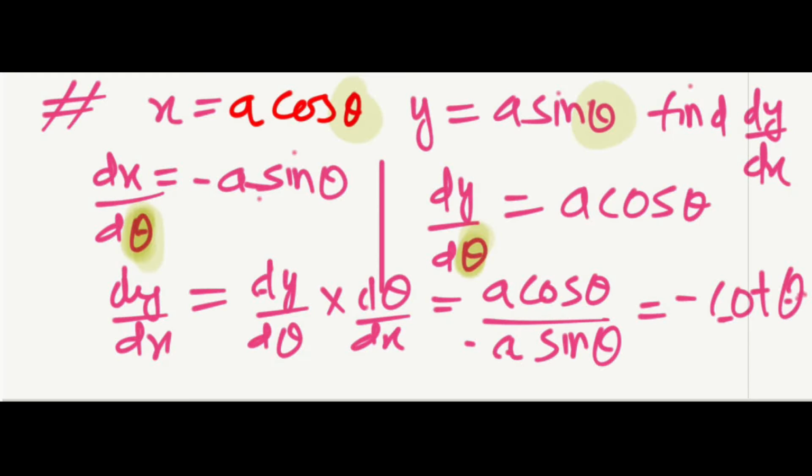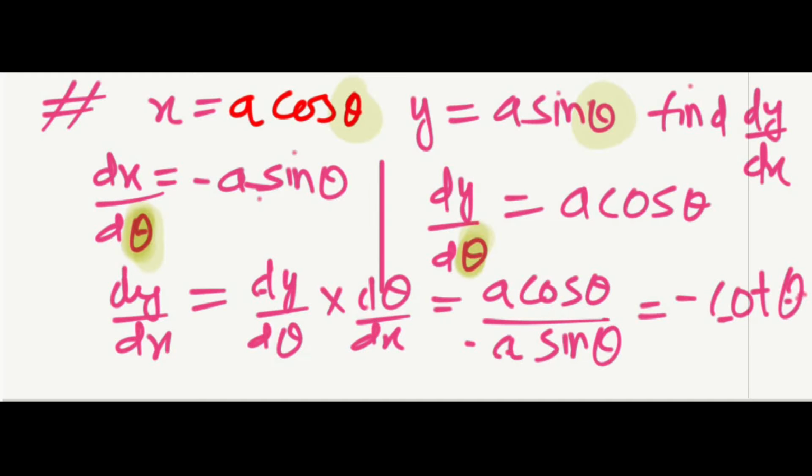Now to solve such types of questions, it is very easy: you find the derivative with respect to that parameter. Say here x equals a cos theta, so we take dx upon d theta, variable x with respect to variable theta, which is a as it is, and the derivative of cos theta is minus sin theta.